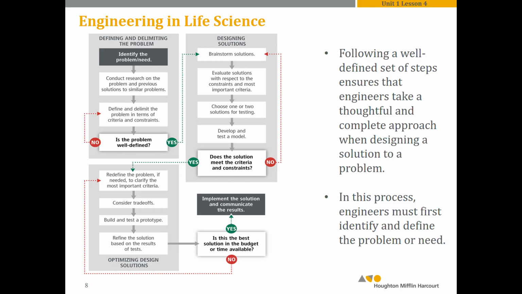From the second step, designing a solution, they will brainstorm some ideas. If it worked, they are going to move to the next step, which is redefining the problem. If it didn't work, they are going to brainstorm some other solutions. In this way, they optimize the design solution and then at the end, they communicate the results with each other.